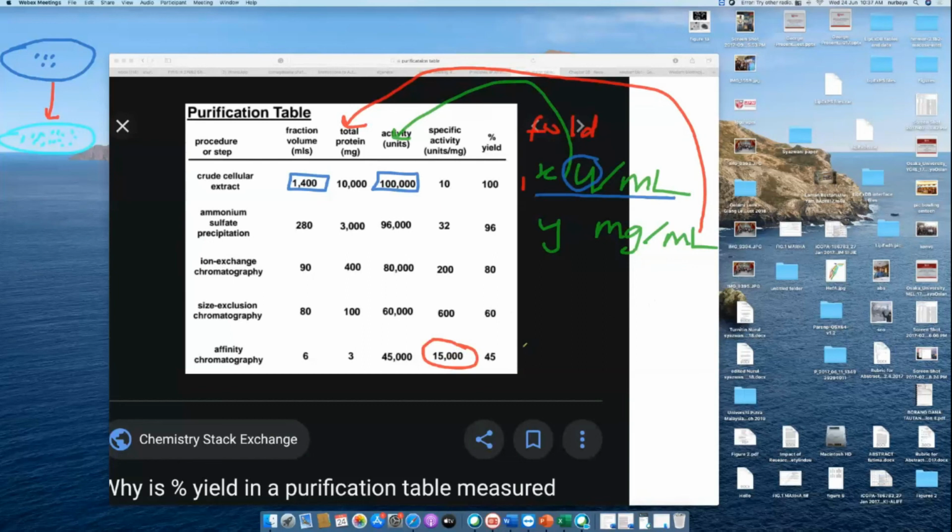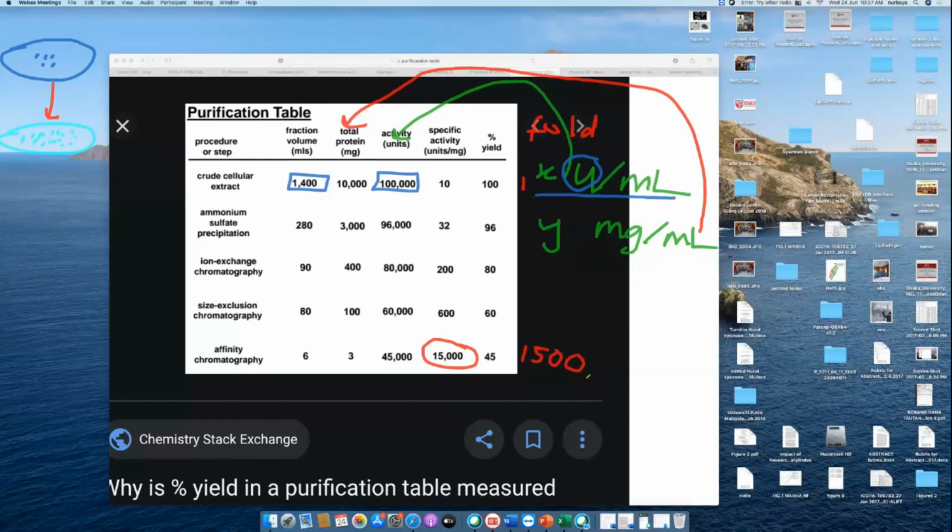Okay, so the answer will be 1,500. It is because 15,000 units per milligram divided by 10, then you get the fold is 1,500. I would say this is a really successful purification in terms of the purity, because from 1 you can make it pure up to 1,500.